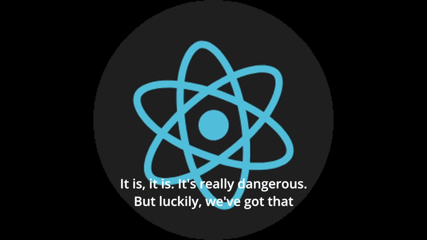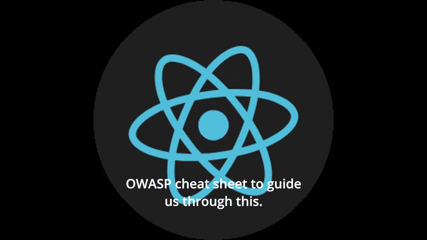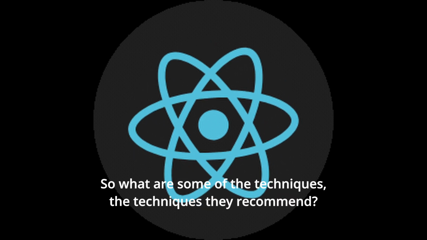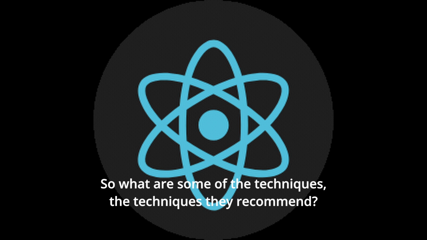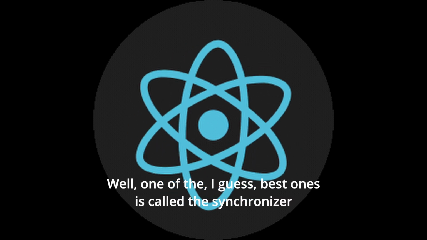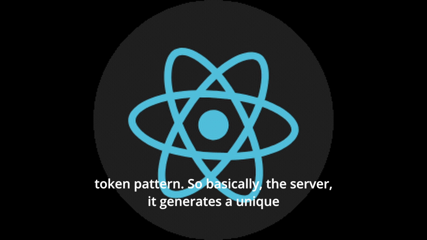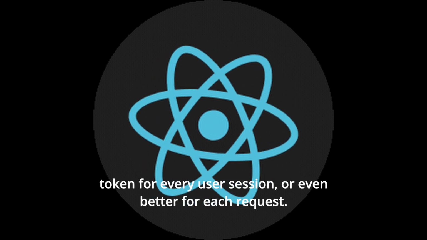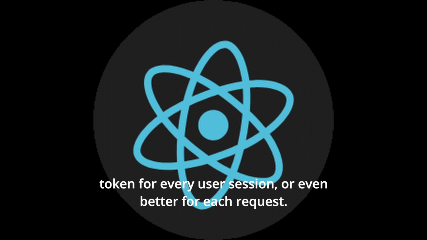But luckily, we've got that OWASP cheat sheet to guide us through this. It gives us some ideas on how to prevent it. So what are some of the techniques they recommend? Well, one of the best ones is called the synchronizer token pattern. Basically, the server generates a unique token for every user session, or even better, for each request.